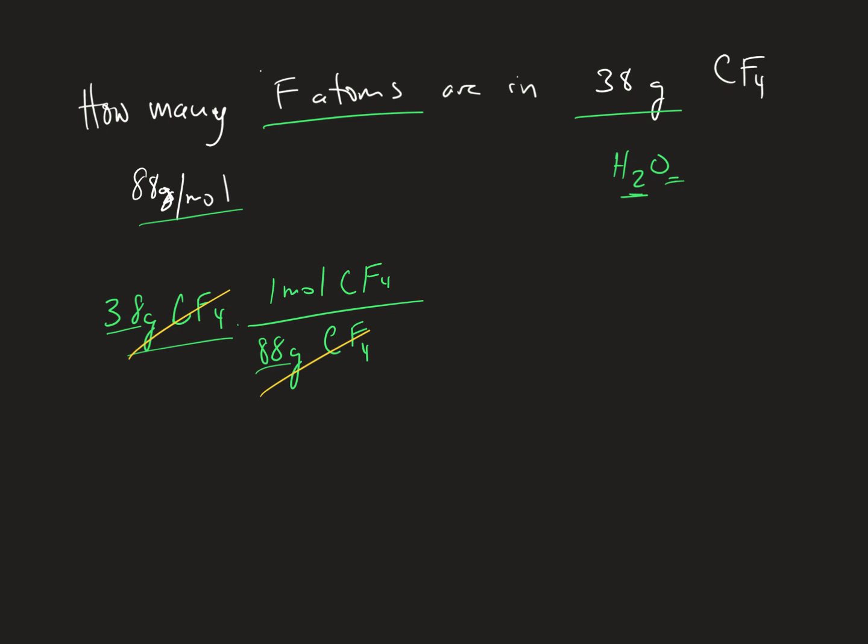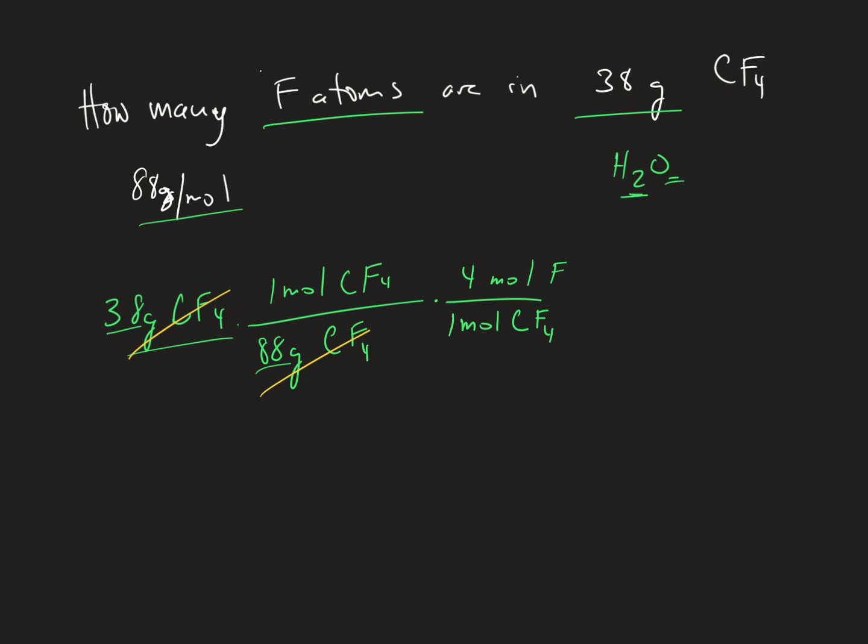You could always do it that way. Find an answer and do one step at a time the whole way. And that works, no problem. But I just continue with this conversion factor. If we have 1 mole of CF4, then we have 4 moles of F, right?